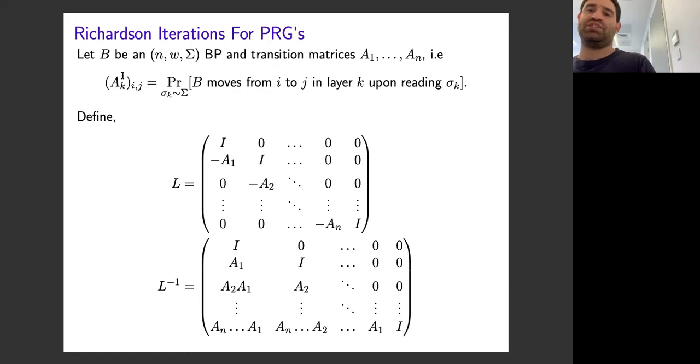Formally, the transition matrix A_k is simply the probability that you move from i to j in layer k upon reading a random input. And basically, the product of these transition matrices tells you the probability of moving from the first layer to the last layer, in general from the layer that you start with to the end layer.